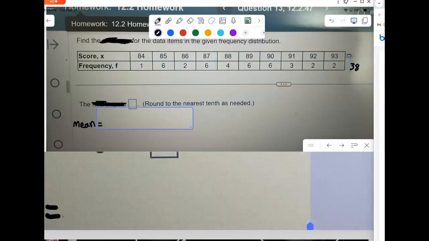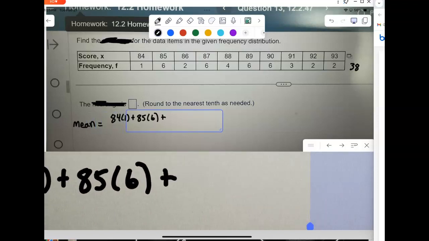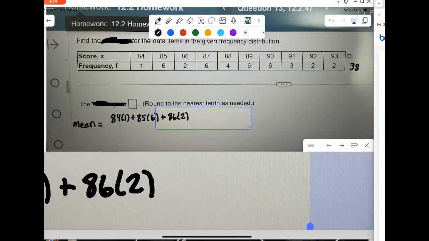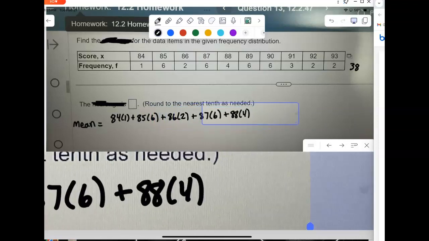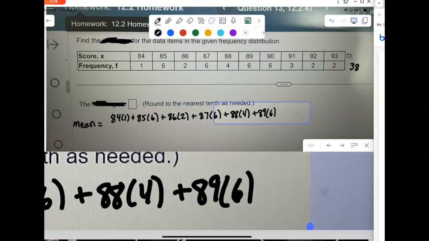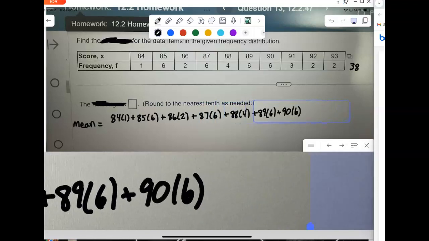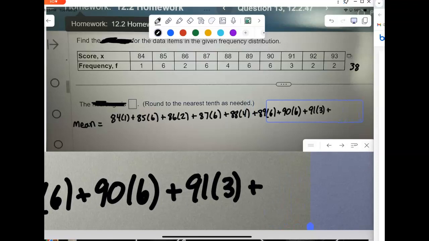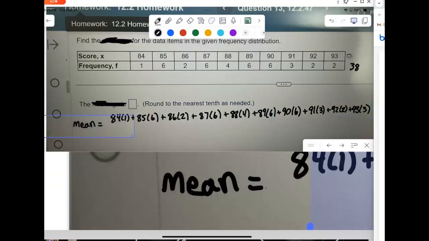Now we take each data value times its frequency. So 84 times 1 plus 85 times 6 plus 86 times 2 plus 87 times 6 plus 88 times 4 plus 89 times 6 plus 90 times 6 plus 91 times 3 plus 92 times 2 plus 93 times 3.